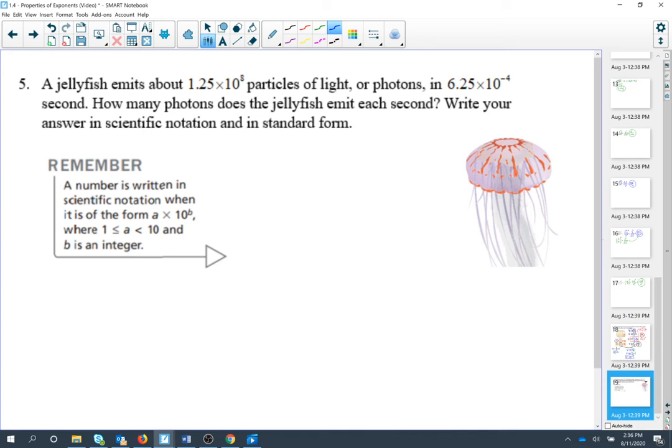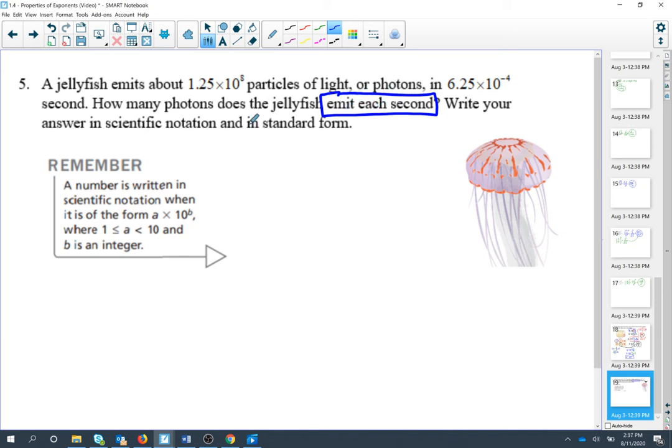So first of all, we have to figure out what this is asking us. The part that I tend to focus in on is, how many photons does the jellyfish emit each second? The other way to read this is emit per second.